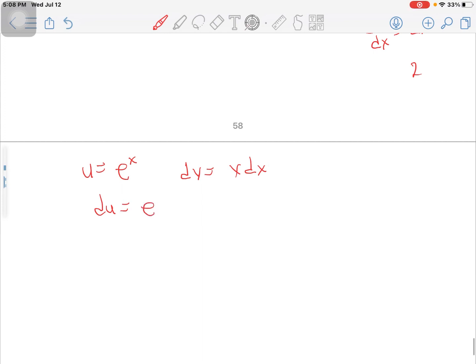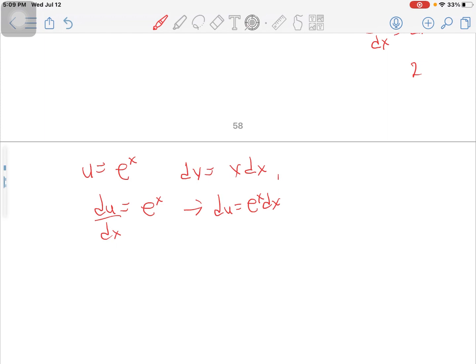Let's say something here. Our du dx equal to exponent x, of which when we simplify it, we are going to get du equal to exponent x dx.